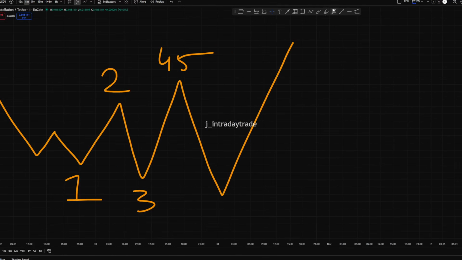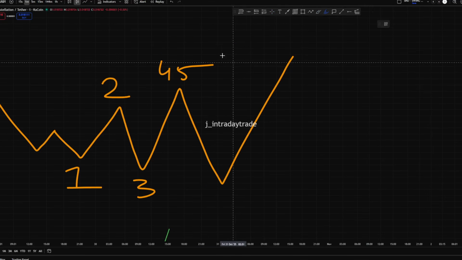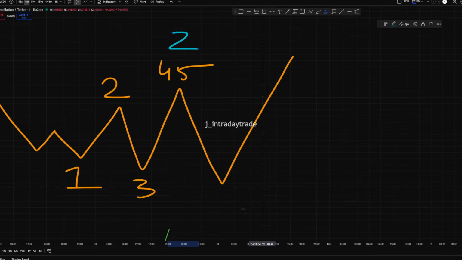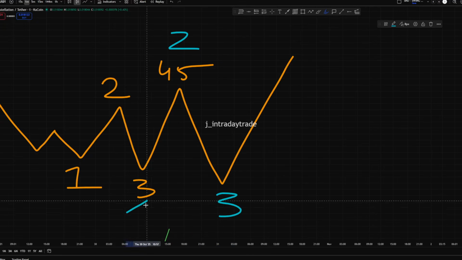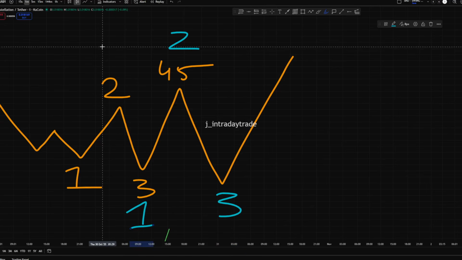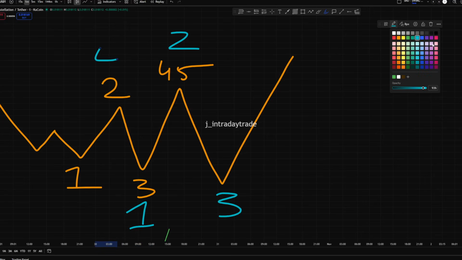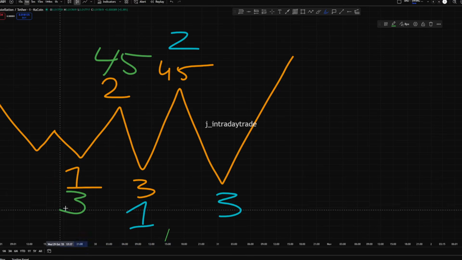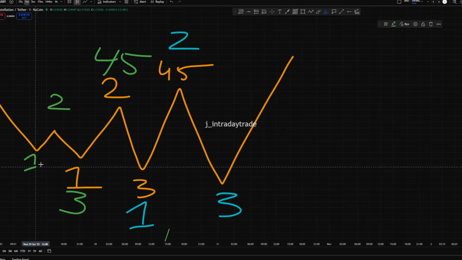So the same thing here is multi-time frame sequence. It goes into that, which is also a 2, which means that if that's the 2, that's the 3, right? That is also the 1. But if that is the 2, that must mean on the lower time frames that this right here is the form 5, which means that that is a 3, and that is a 2, and that is a 1.